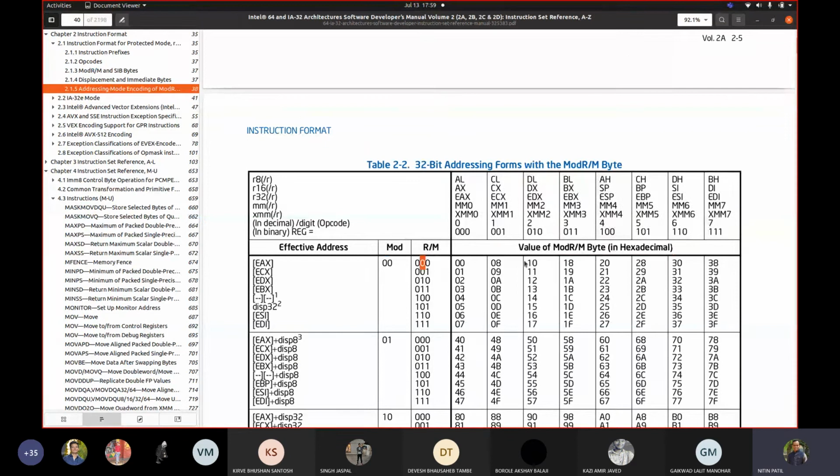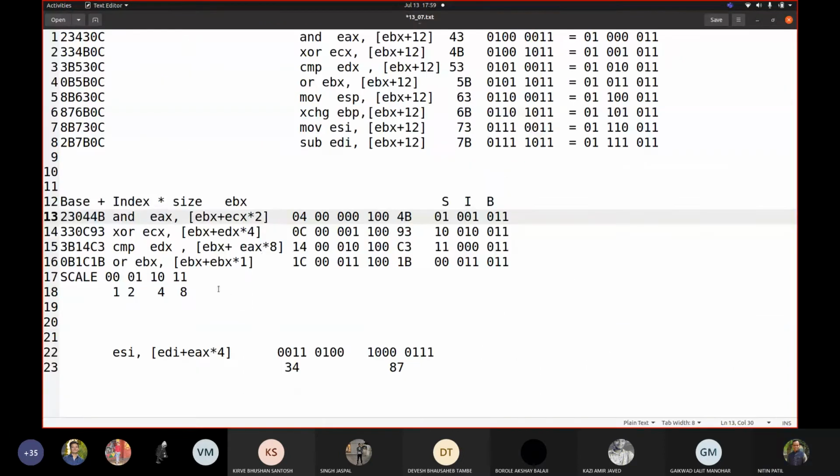If it is ECX, EDX, EBX, ESI, EDI, these particular rows for those registers would be picked. But when it is something more than a single register value, then in such a case it would be taking this as a common factor. Okay? Understood? Okay. Any other question?